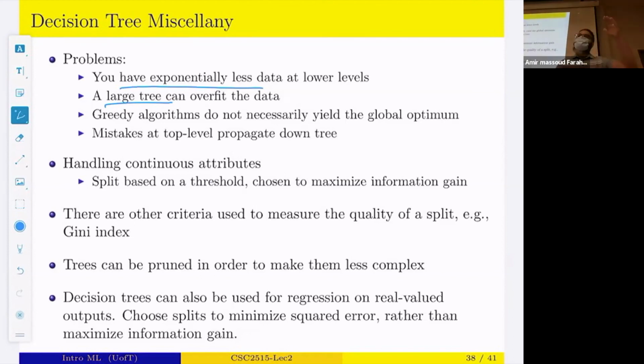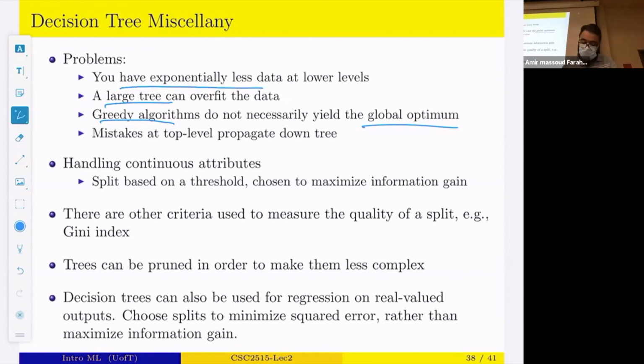So if you go to depth 10, there wouldn't be enough data points at those nodes. As mentioned several times, greedy algorithms do not necessarily find the global optimum. Finding the global optimum is a computationally expensive problem.